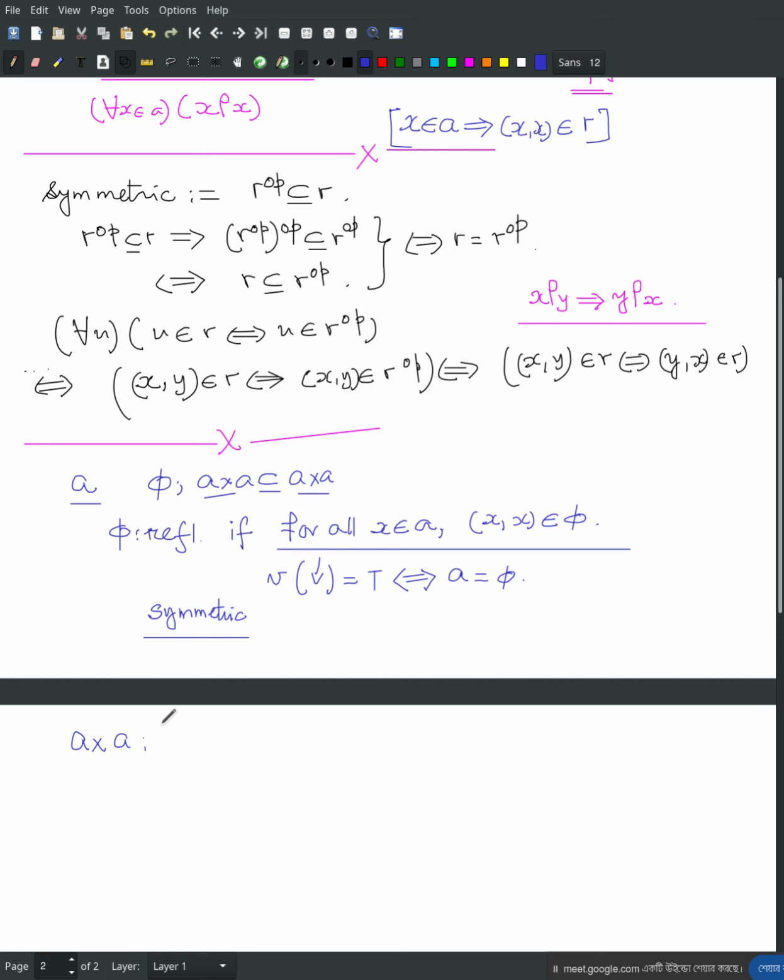Then you will get instances where you have a mix. So if you have, for instance, A subscript 0 and A subscript 1. Okay, let's take an example. Suppose A is {0, 1}. So A cross A has 4 elements: (0,0), (0,1), (1,0), and (1,1).